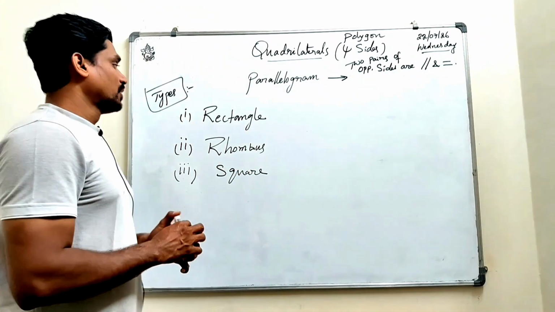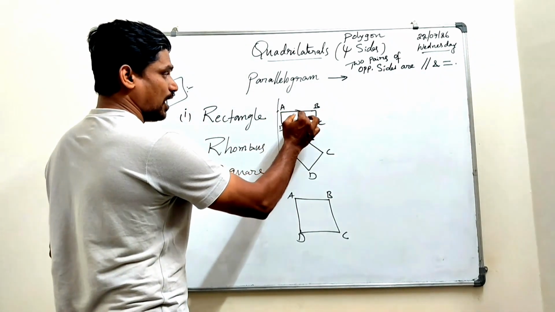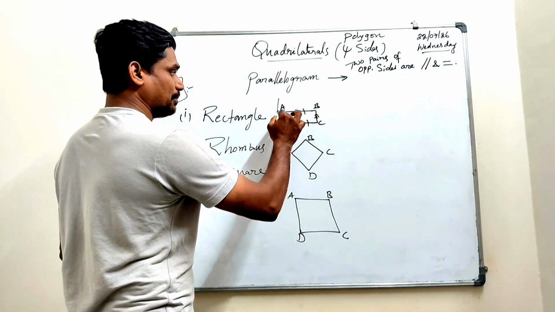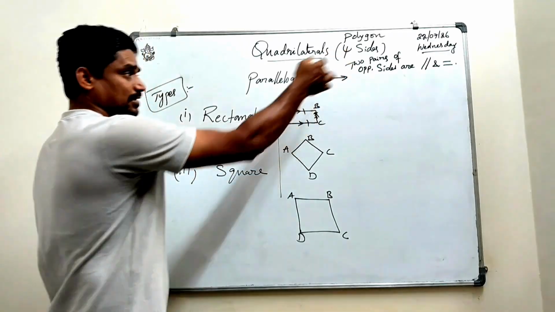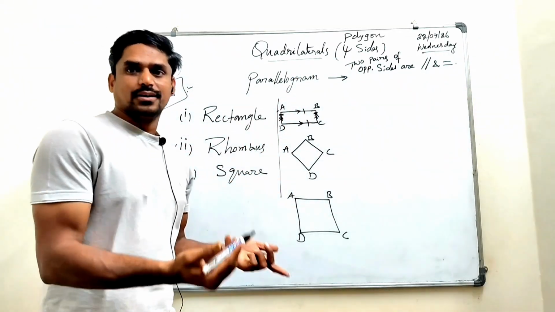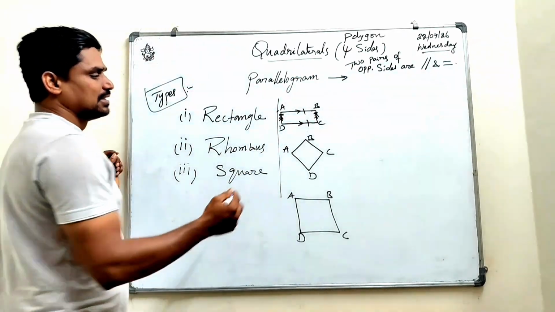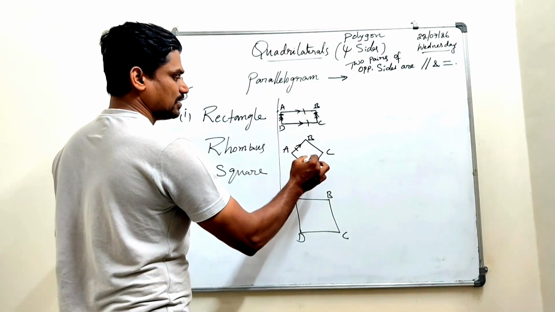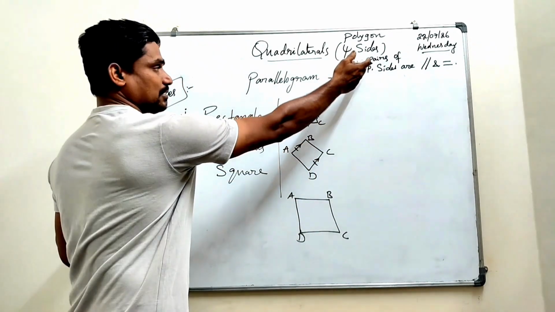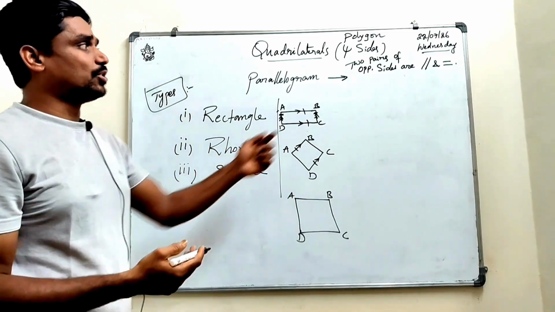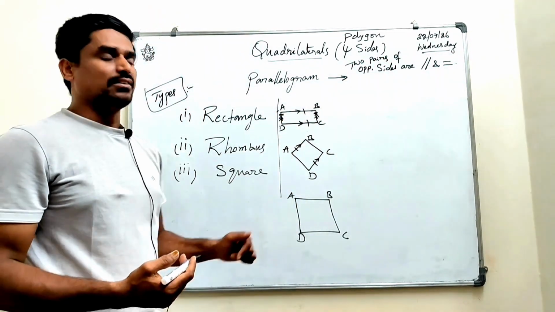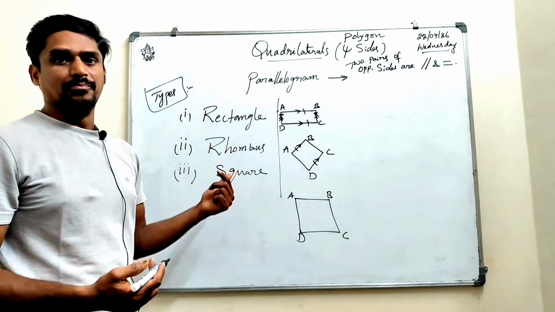In a rectangle, opposite sides are parallel and equal. This main property must be satisfied. I told you, right? Then only it is a parallelogram, first of all. Similarly for the others. The main parallelogram property is what? Two pairs of opposite sides are parallel and equal. So here parallel and equal, parallel and equal. That's why a rectangle is a parallelogram.